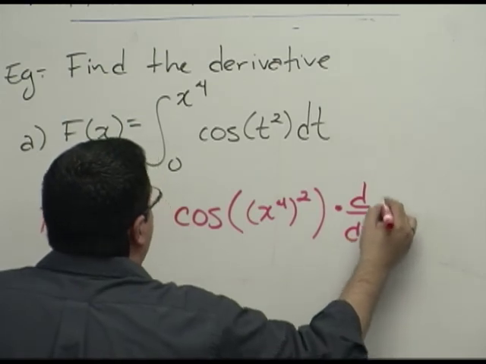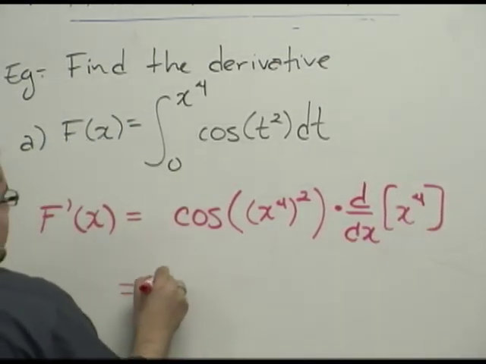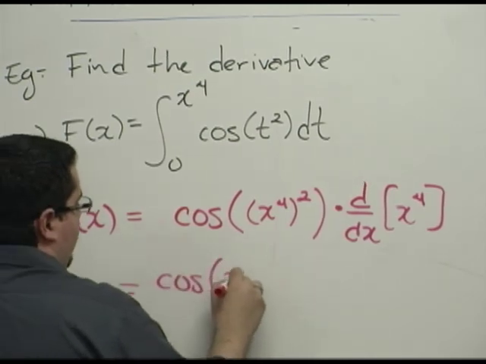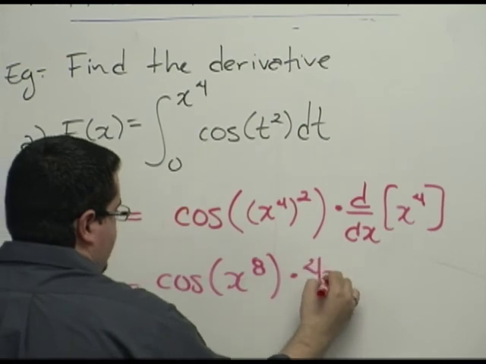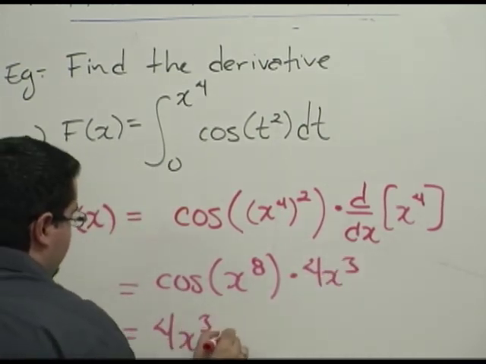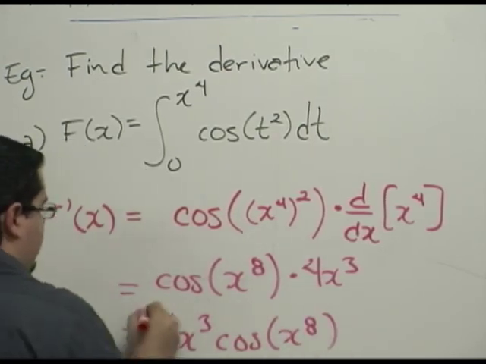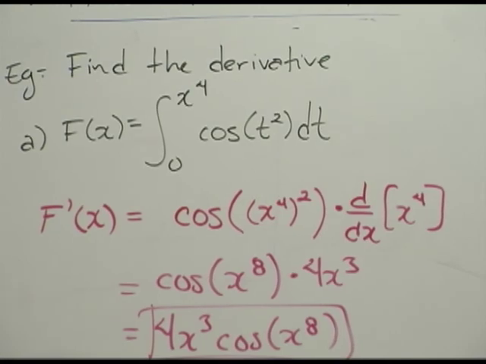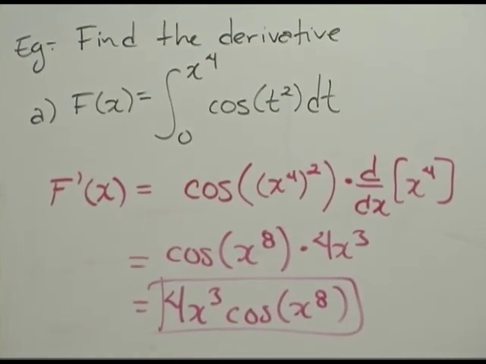After all, we do need to apply the chain rule here. So you're looking at the cosine of x to the 8th times 4x cubed. Any questions?